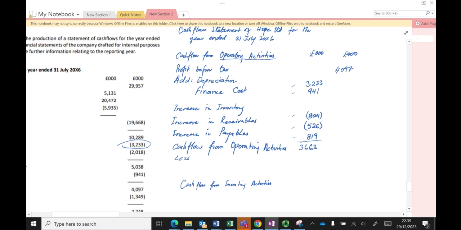Then I am going to write less interest paid, and then I'm going to write the tax paid.